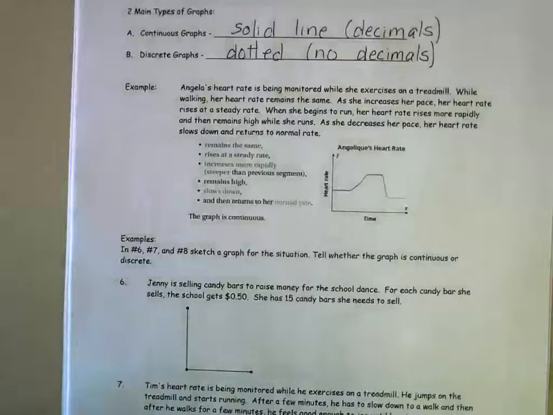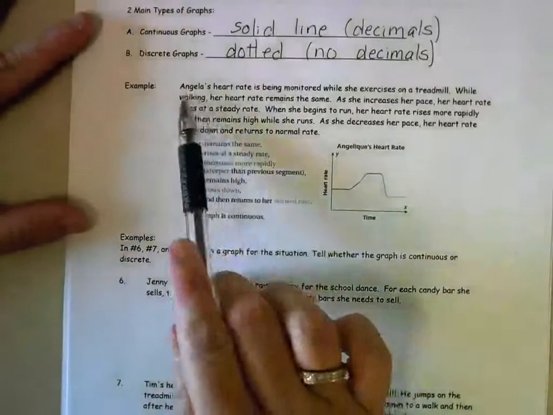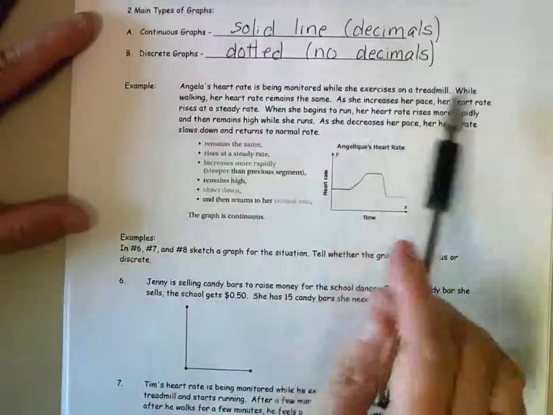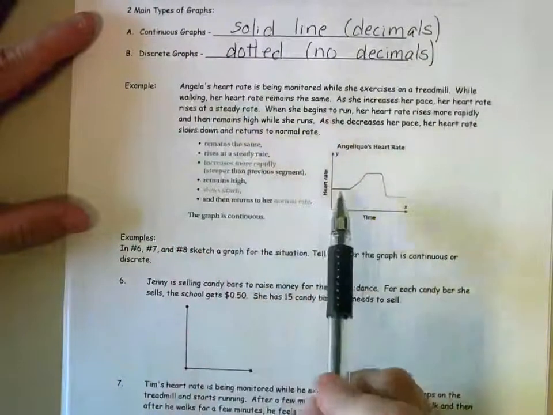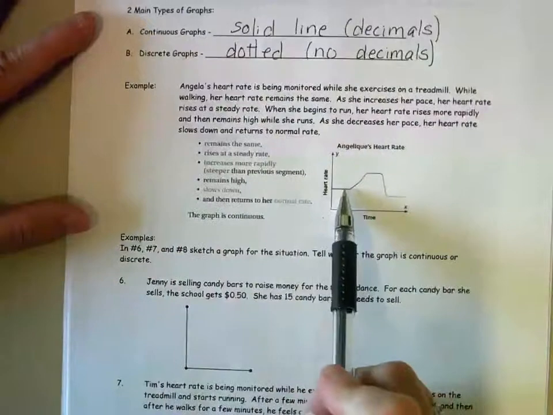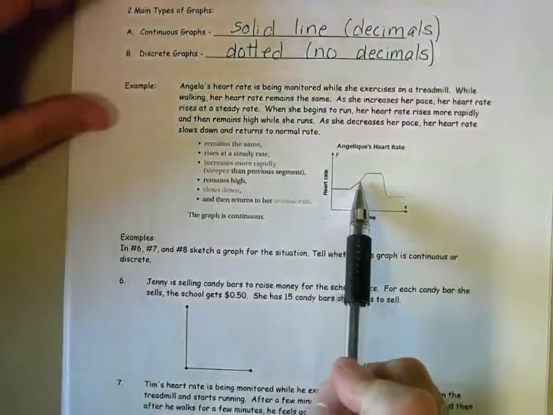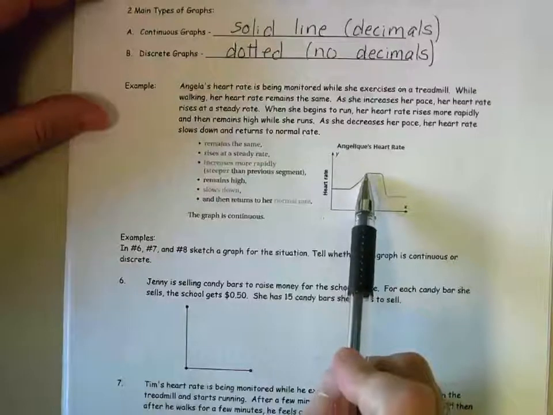And this first one just kind of explains to us what's going on in the graph. Angela's heart rate is being monitored while she exercises. While walking, her heart rate remains the same. She increases her pace, and it increases. She begins to run, it increases faster.